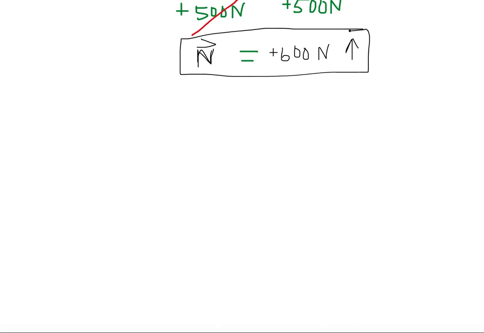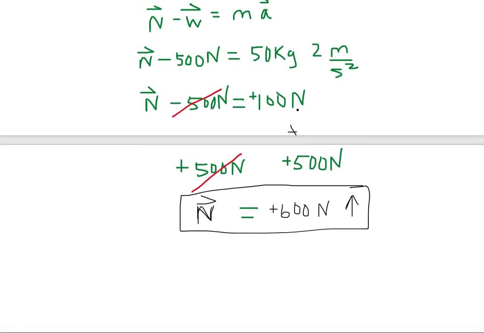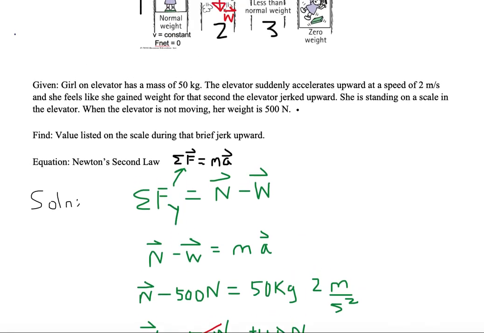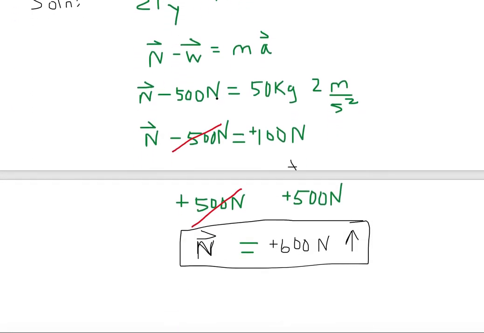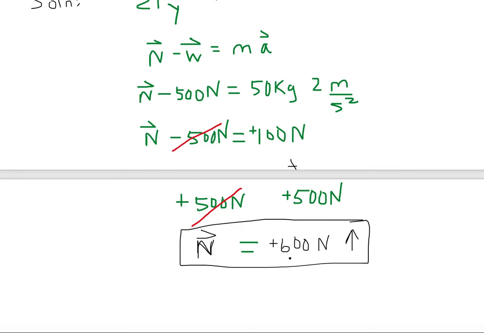So for that brief instant of time that the elevator jerked upwards at 2 meters per second squared, remember she's standing on the scale, the scale is going to push up on her, and she is going to pull down on the scale. She feels heavier. She's going to push down on that scale, and the normal force is going to oppose it at a value of 600 newtons.